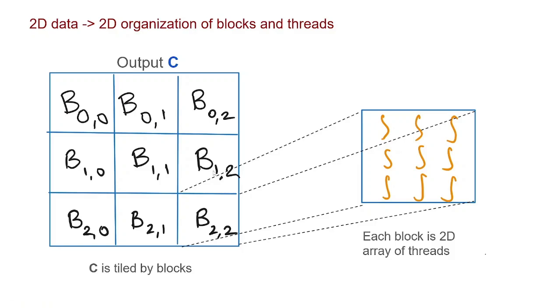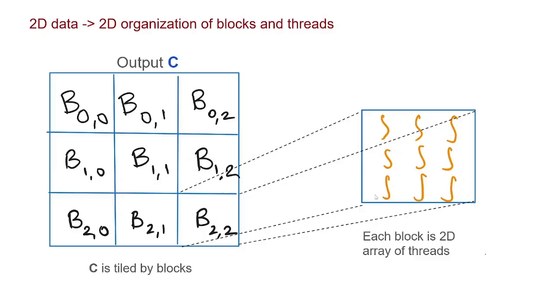Here I've shown a toy example, but there will usually be many more blocks in the grid. And each block would be a 2D arrangement of threads. It depends upon us: CUDA lets us organize threads and blocks in 1 dimension, 2 dimensions, and 3 dimensions. And the nature of that organization depends upon what kind of data we are working with.